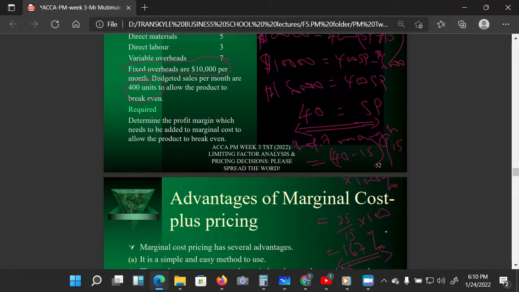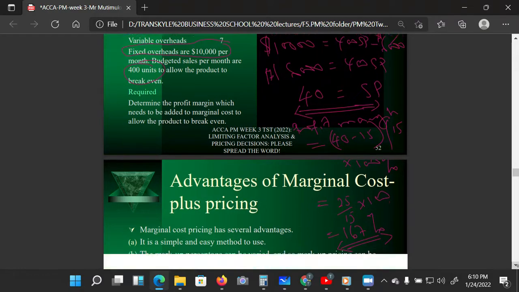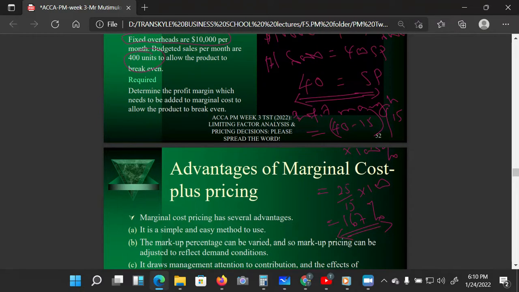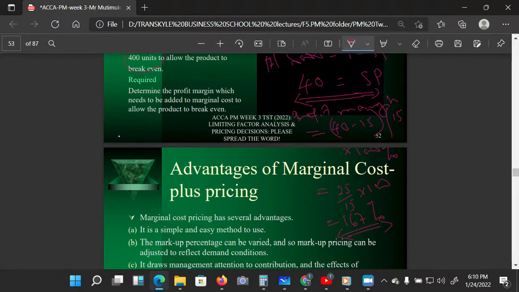Now, you may ask, how do I know that if I charge or add 167% to my marginal cost, I'm going to arrive at a break-even point? What is the marginal cost in this case?